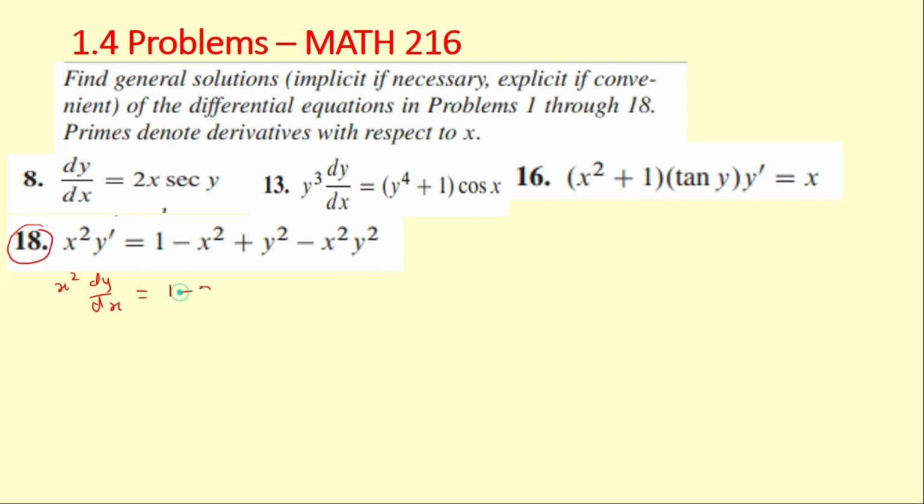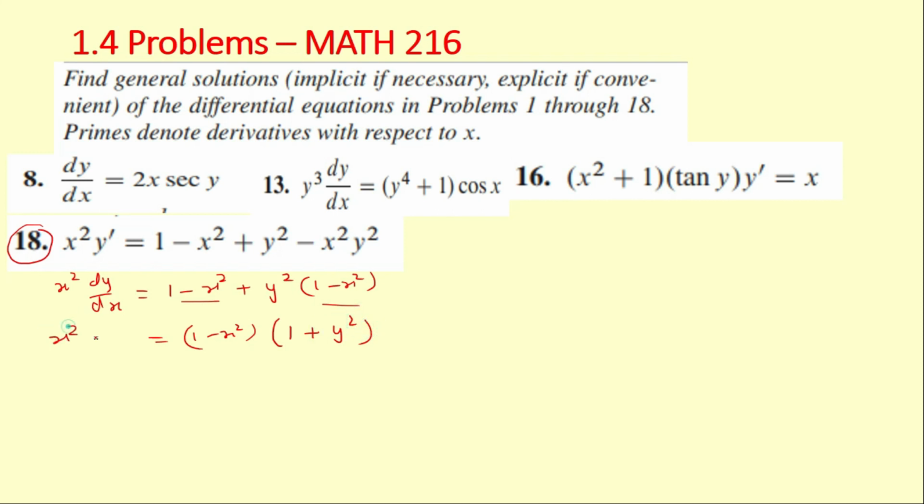In the right hand side is 1 minus x square. From the last two terms, pick y square as common factor, then it will be again 1 minus x square. Now there is 1 minus x square a common factor, you will get 1 minus x square common factor, and here the remaining will be 1 plus the other part will give you y square.